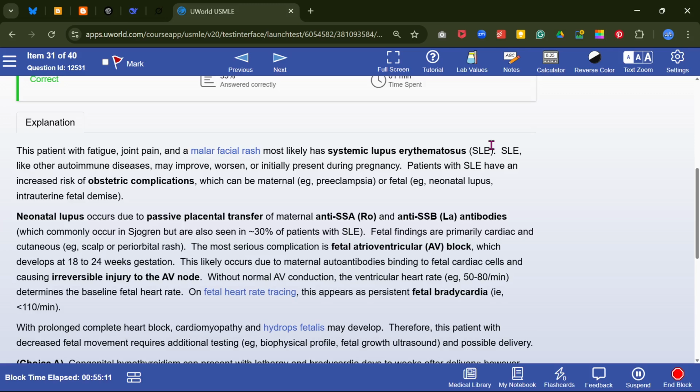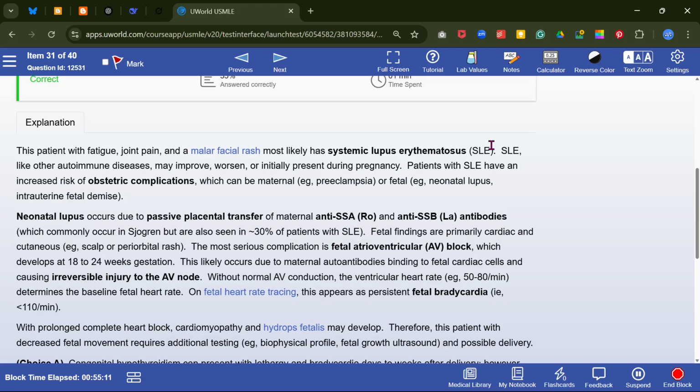The most serious complication is fetal AV block, which develops at 18 to 24 weeks of gestation. This likely occurs due to maternal autoantibodies binding to fetal cardiac cells, causing irreversible injury to the AV node.